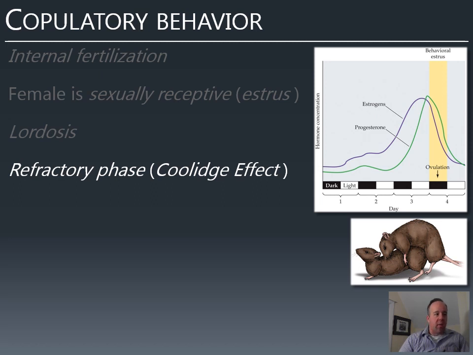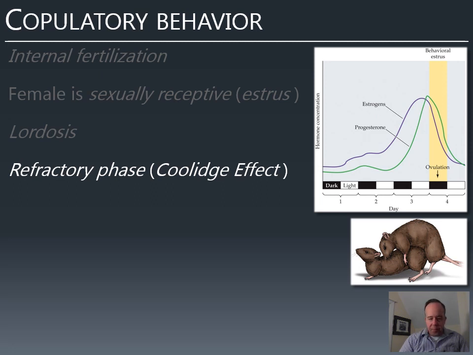So it might take hours for the sexual behavior to be reinitiated with the same partner, but if it is a new partner, it greatly reduces that refractory phase, and now the male can engage in copulation again much more rapidly if it is a new partner. This has been well established in males. The presence of this effect in females, whether females will be sexually receptive sooner with a new partner, that evidence is a bit more controversial.